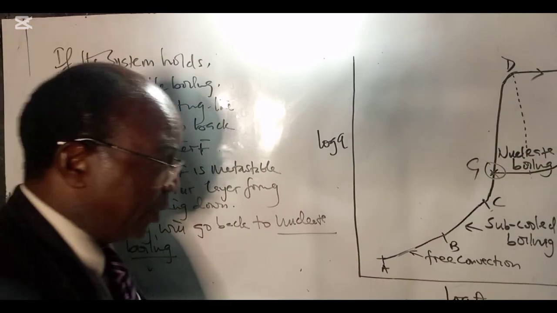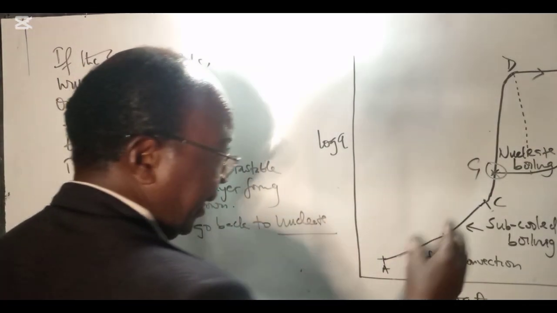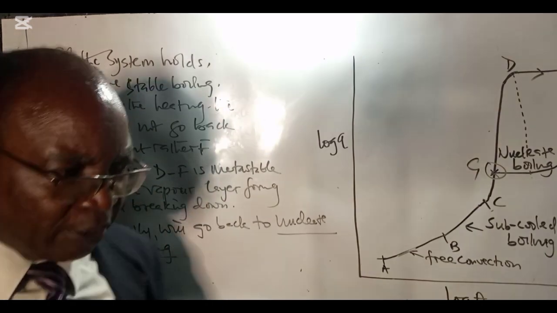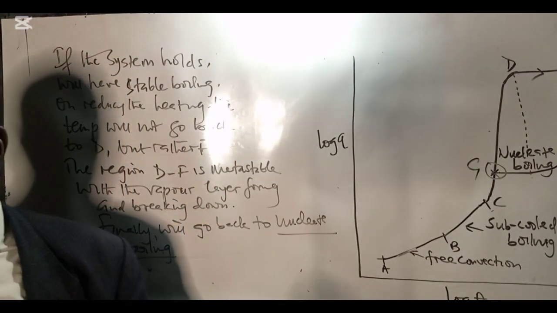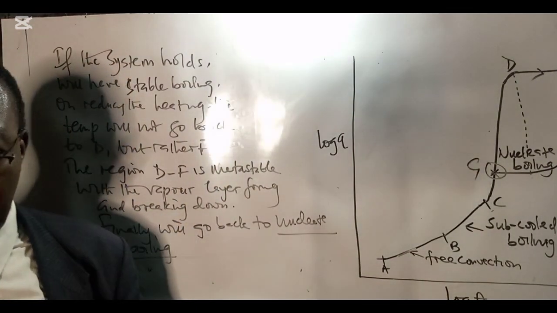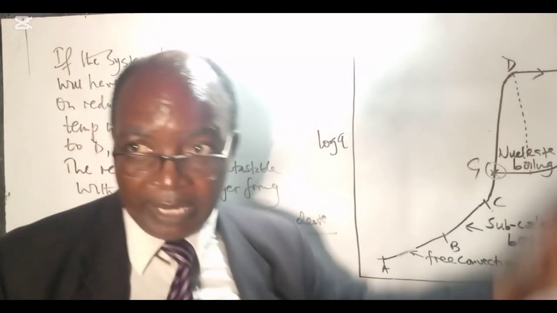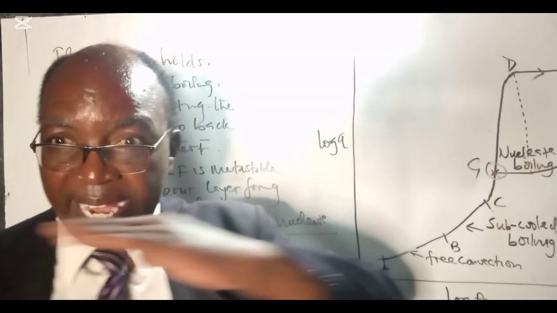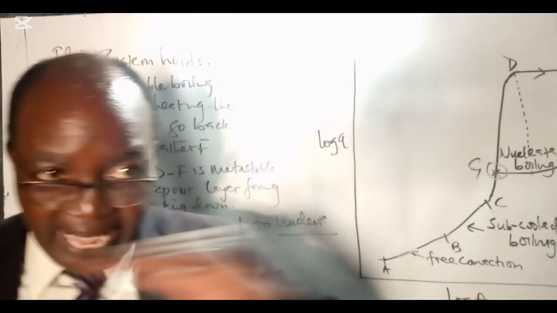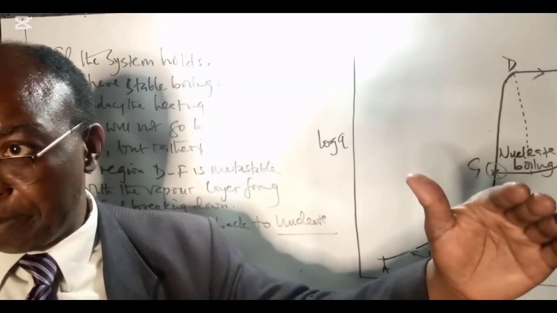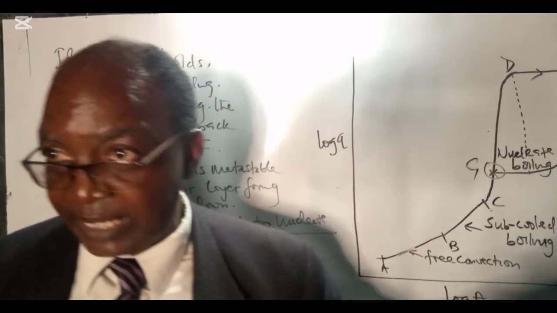And so what are we saying? We're saying that it increases, and we reach a point, D, where we're now producing a lot of vapor bubbles. At that particular point, we call it the critical heat flux. There we have a layer of vapor, and then there will be a sudden, big increase in temperature at the heating surface.